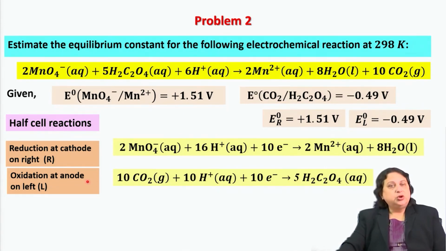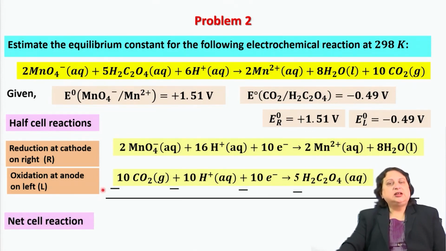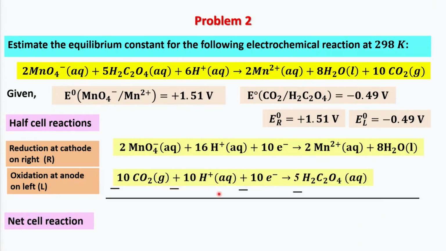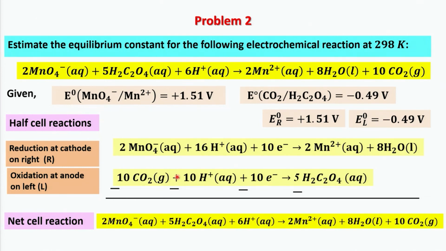So, if I want to show the oxidation at anode, I will just use a negative sign over here, and the net cell reaction would be this equation minus this equation, and that will be the reaction that I have shown here, which is given to me. So, now I understand that I can find out the standard cell potential by coupling these two half cells.